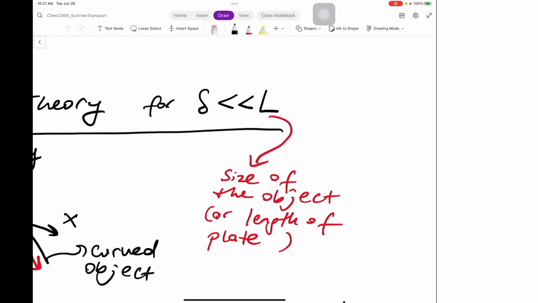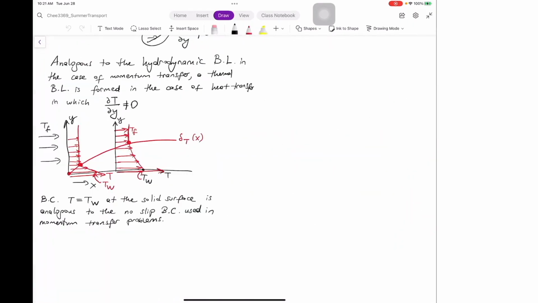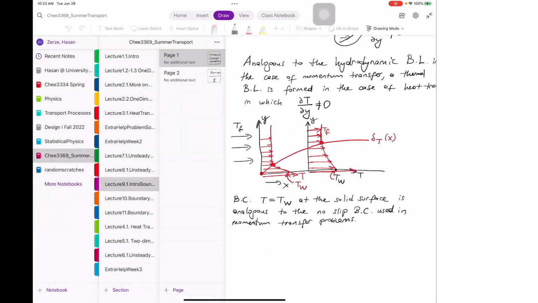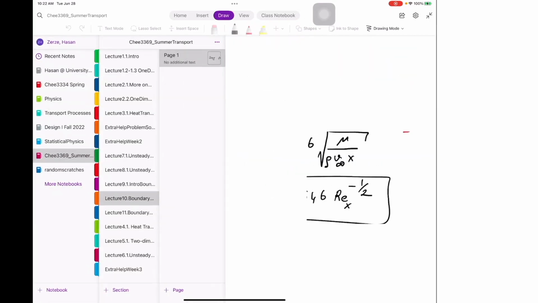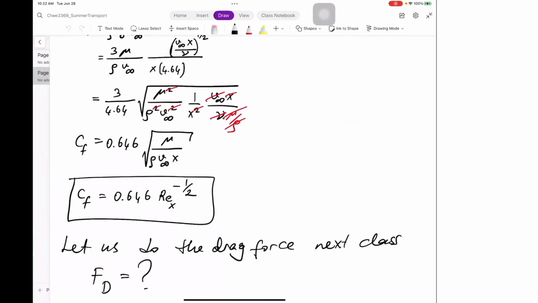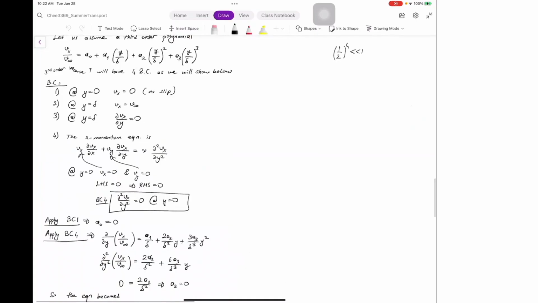When delta is much less than L. Exactly. So when delta is much less than L, which means Reynolds number is large or small? Reynolds number is large, I think. Reynolds number is large, exactly.